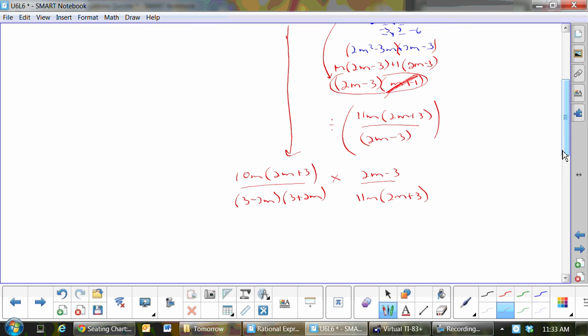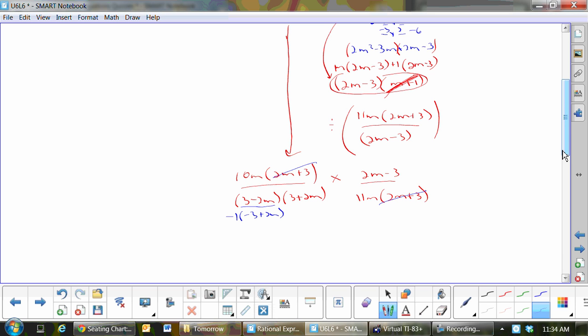Okay, anything we can do? The 2m plus 3's, we can cancel those two. If we took a negative out of 3 minus 2m, if we pulled a negative out, this would be negative 3 plus 2m, right?